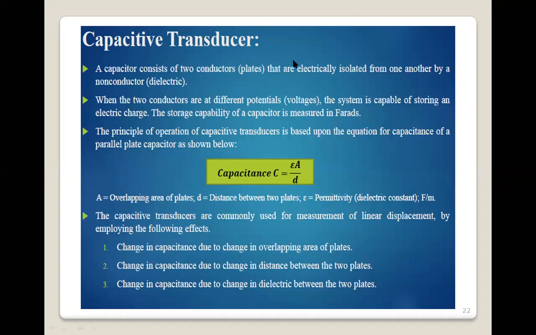So one of the applications of capacitive transducer: that means the capacitive transducer converts change in either permeability, or change in the area of the plate, or change in the distance between the two plates. That means the capacitive transducer depends on three factors: first, permeability, area, and distance between the plates.